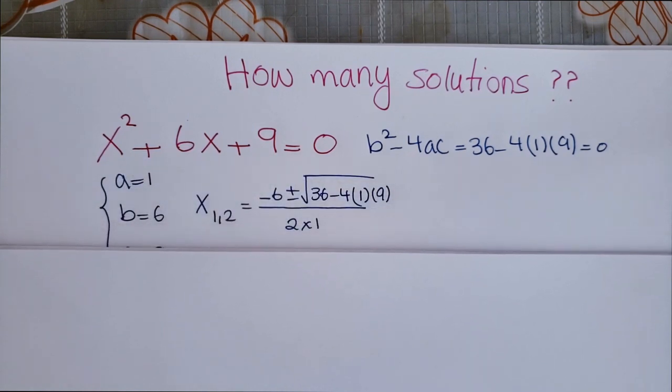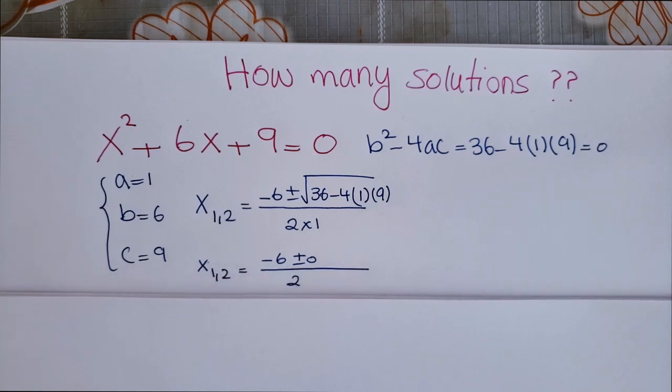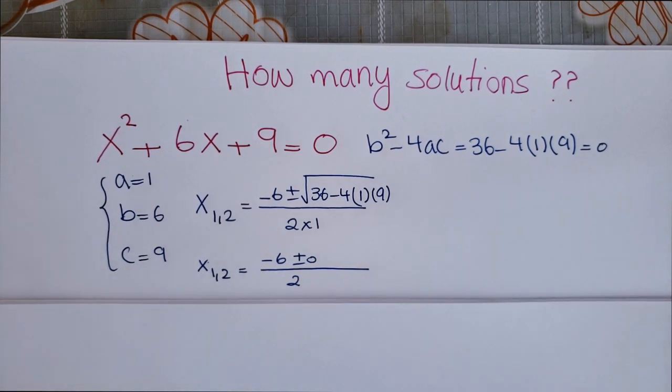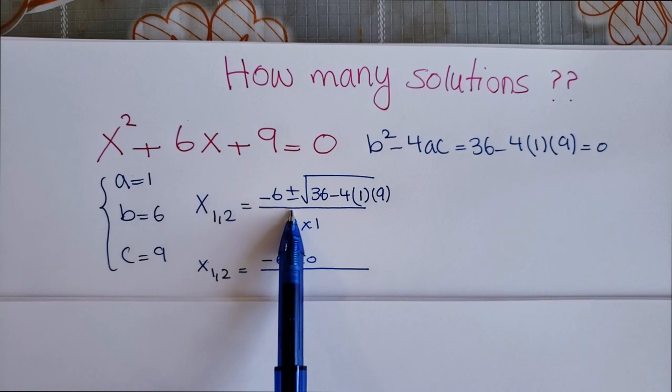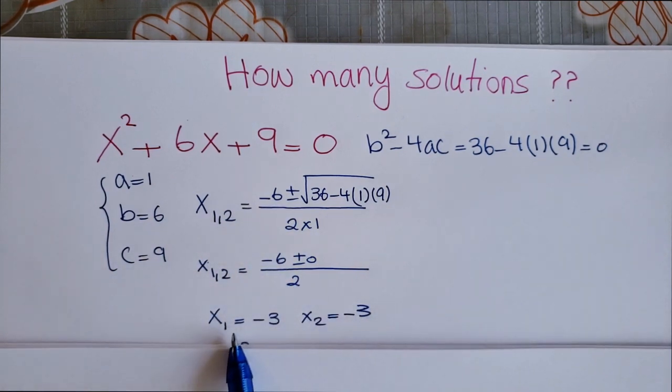So once more, let's identify a, b, c, and then use the quadratic formula to solve this equation. As I mentioned, I identified a, b, c, and I substituted in the formula. I simplified and I found out the 2 roots are both located at -3.